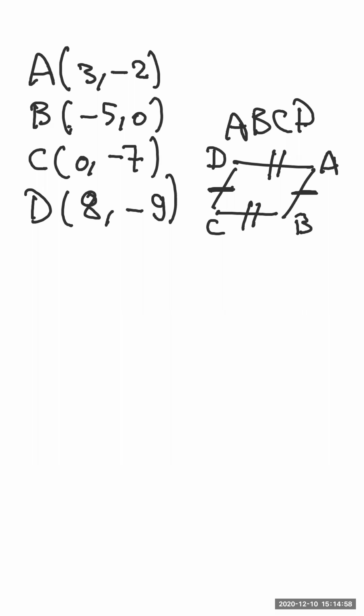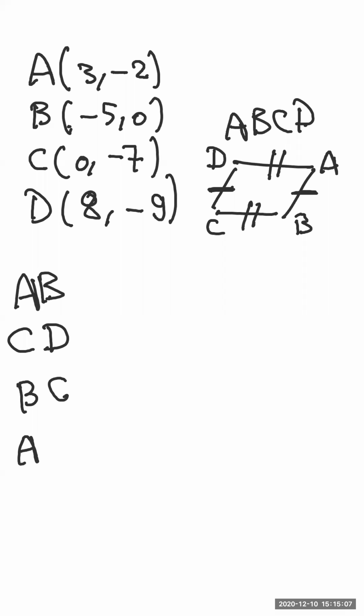So simply I will get AB and CD and BC and AD, right? The first one, AB: -5 minus 3, so -8 squared, 64, plus 0 minus -2, so 2 squared, 4.